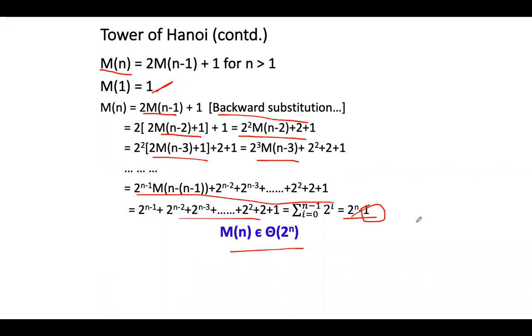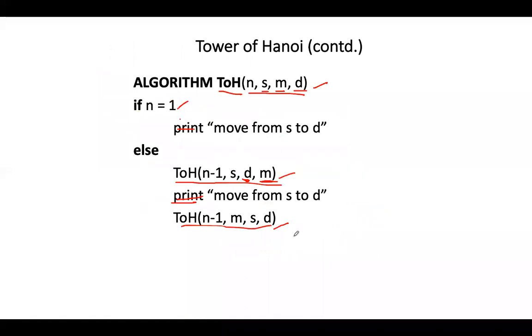That doesn't mean that this algorithm is inefficient. 2 to the power of n is an exponential value. So if n is 10, it will take that many steps. That doesn't mean this algorithm is inefficient, because there is no other solution to solve this Tower of Hanoi problem.